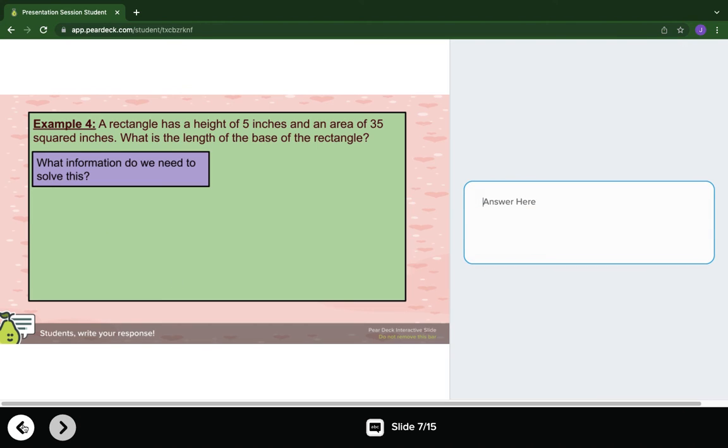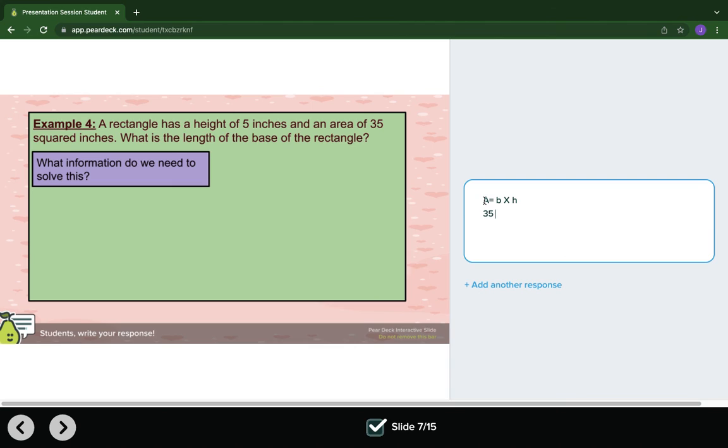What we're going to do is write on the side: A equals B times H. So instead of writing A, we're going to write what we know, which is the 35 inches.